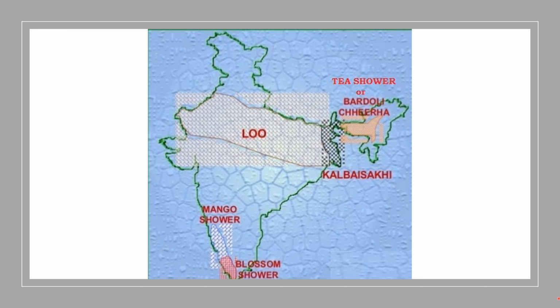Now, when we look at this map, which you can see on your screen, a large area of India is affected by the dry, hot loop, which increases the intense heat of the central part of India. The Kal Baisakhis, which are pre-monsoon showers, about which I am going to tell you next, and the mango showers in the south are all indications of the pre-monsoon time.